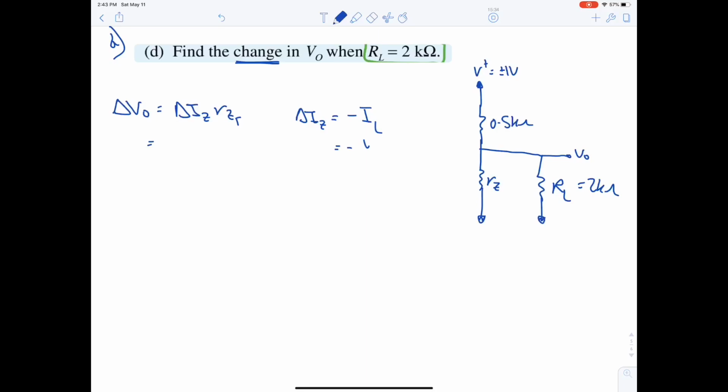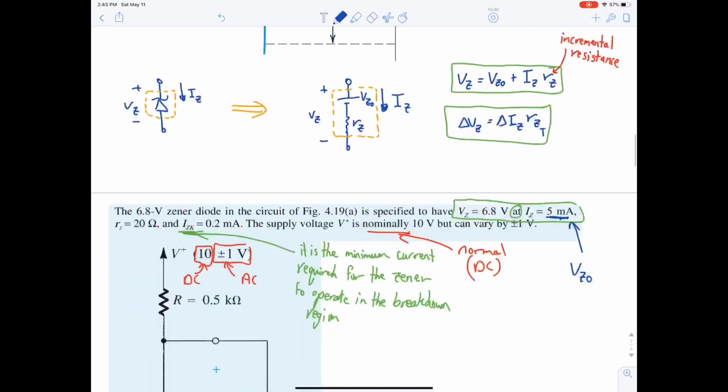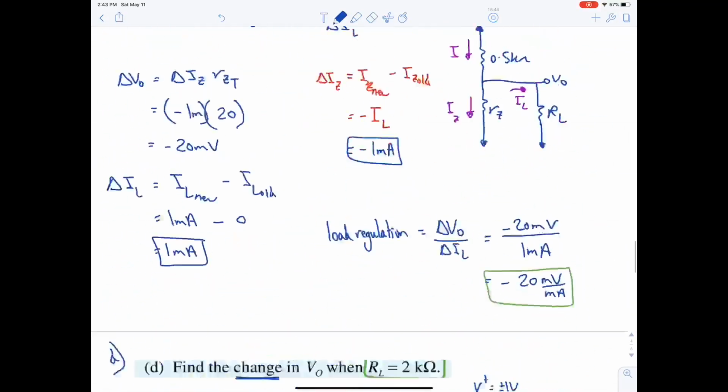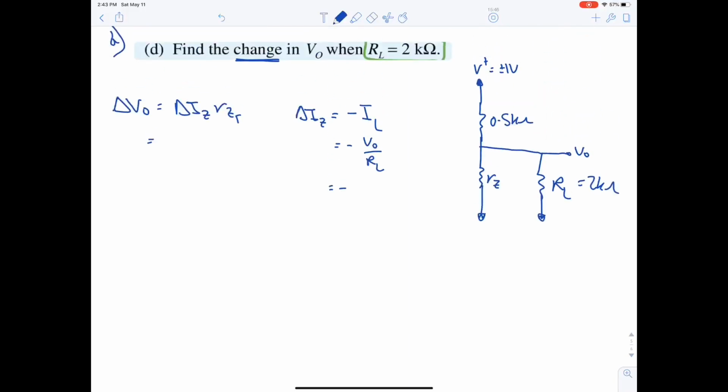So it's minus V naught over RL, and V naught was 6.8. It's just an approximation, so we'll take it as 6.8 divided by 2K, which will result in minus 3.4 milliampere.